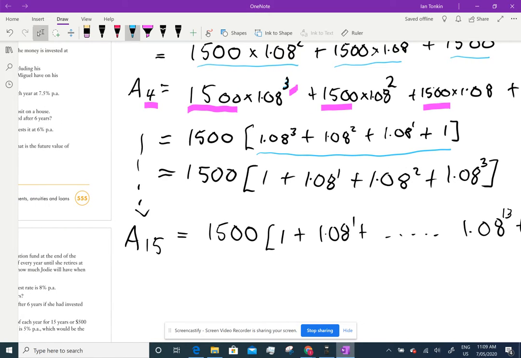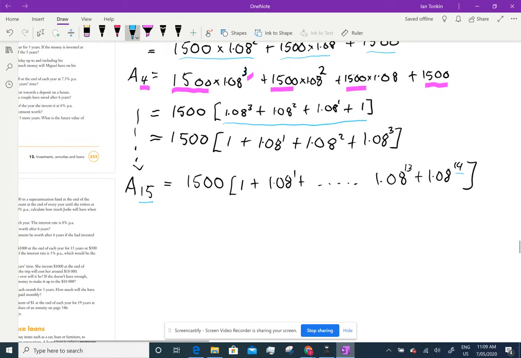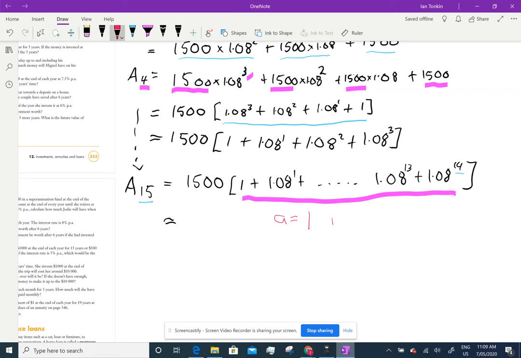Because remember, this number is 1 more than this number. So what have I got? I've got 1500 times, this is a series where my first term is 1, my R is 1.08, and this is where you've got to be careful.